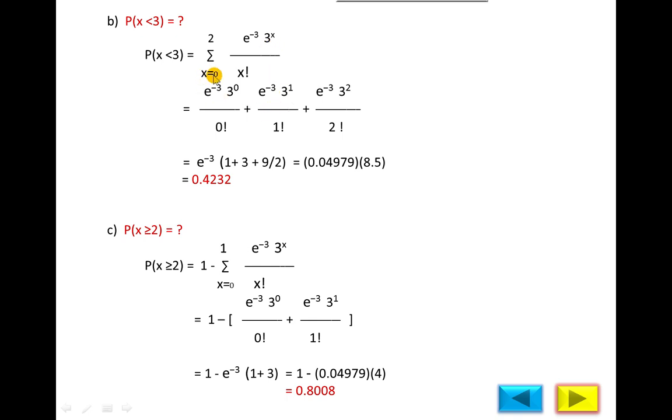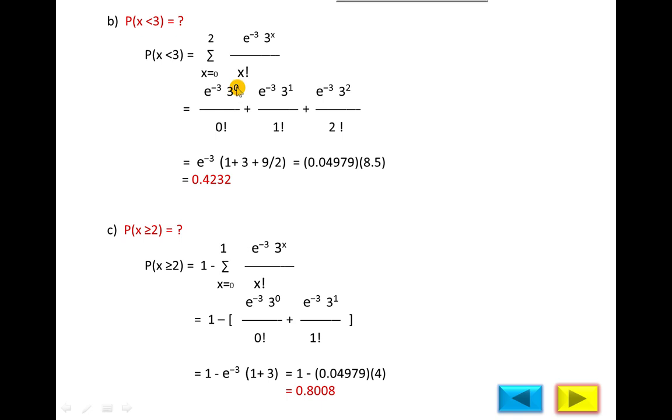Substitute the value of x 1 by 1 here: 0 first, divided by 0 factorial, plus, since the summation sign means plus sign, then substitute x equal to 1 divided by 1 factorial, then x equal to 2 divided by 2 factorial. Simplify this. In these terms e power minus 3 is common, so you can take e power minus 3 out for simplification, or you can calculate directly.